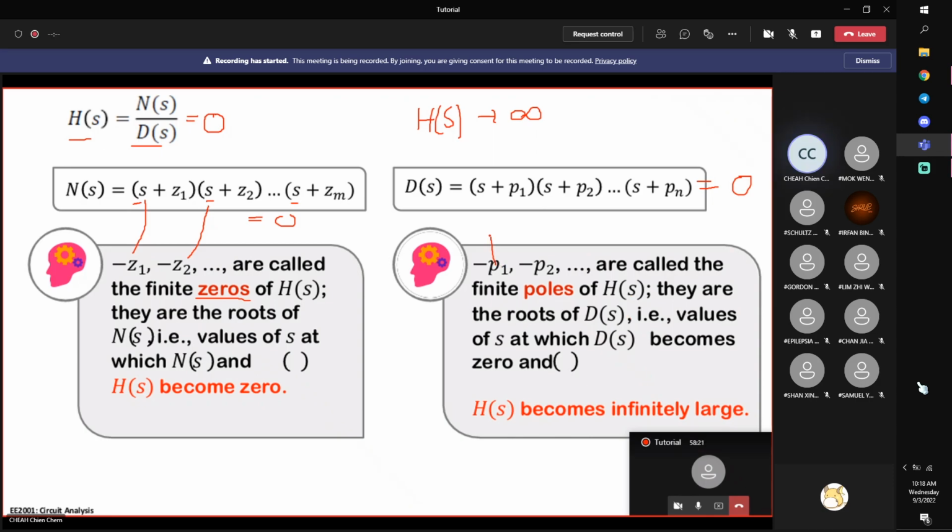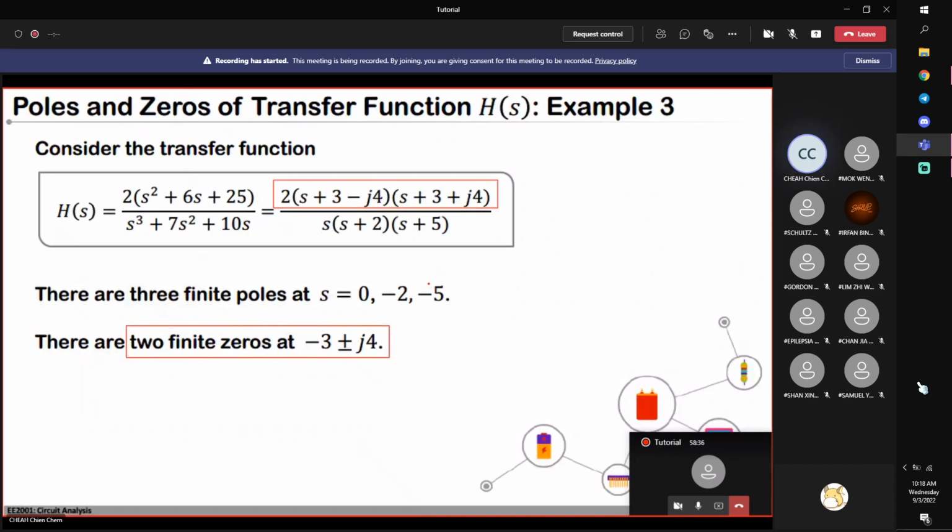And this happens when s equals negative p1, negative p2, or negative pn. So these are called poles, and these are called zeros. Now remember, we are in the process of checking whether the transfer function or circuit is stable or not. To do that, we need to check the poles.